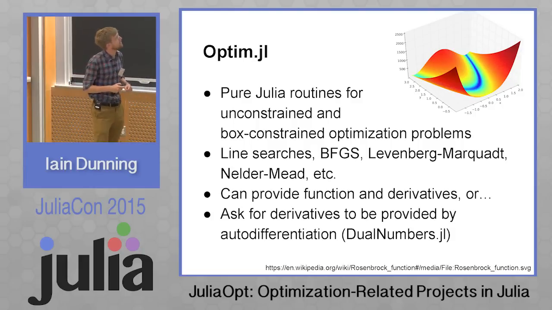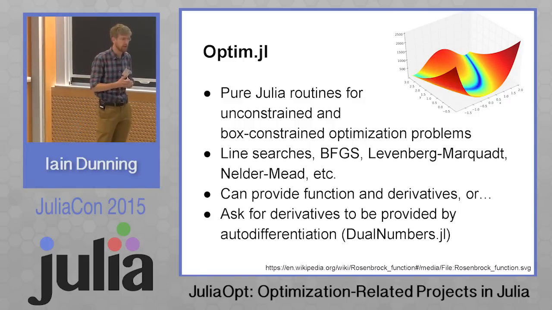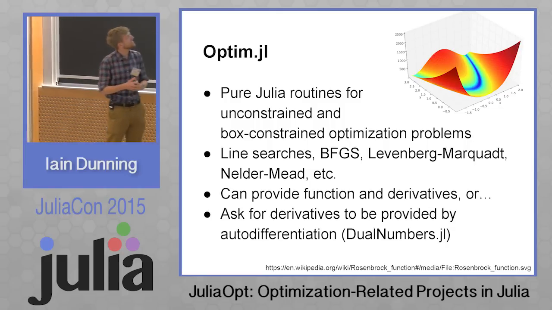I just want to quickly cover Optim.jl, which I haven't personally worked on a lot, but is very important to a lot of people. Basically, it's pure Julia implementations of optimization routines for unconstrained or simple boxed constrained problems. And it's got all the classics: BFGS, Levenberg-Marquardt, Nelder-Mead, etc. Simulated annealing, I think, is in there as well.